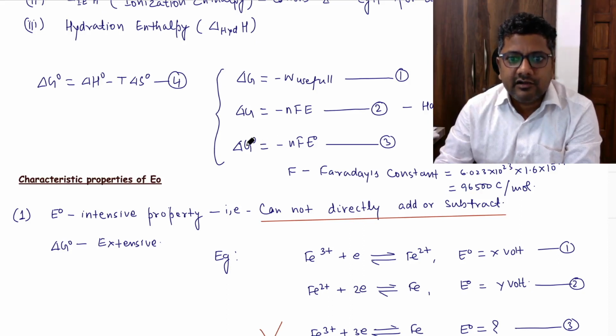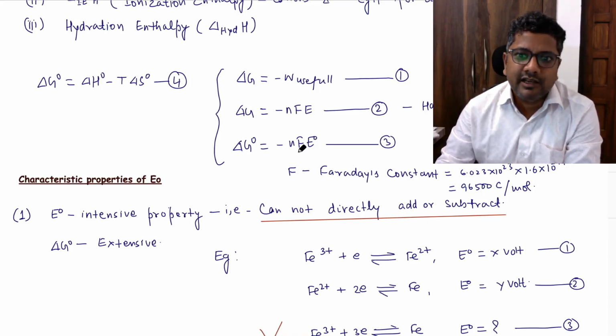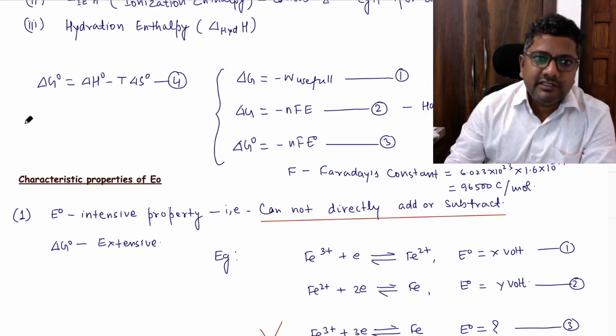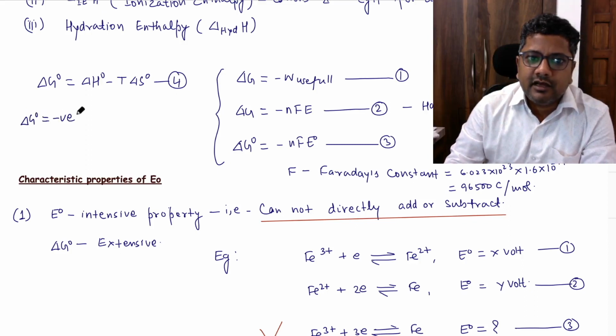If delta G naught is negative, then E naught is positive, then reaction is spontaneous, right? So delta G naught negative and E naught positive, this is the condition for spontaneity.